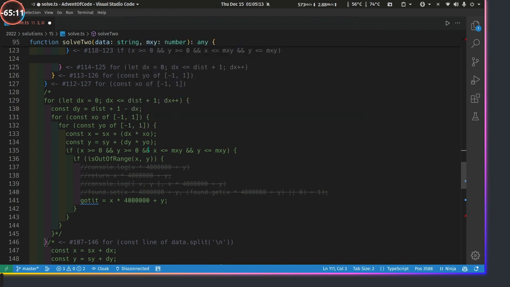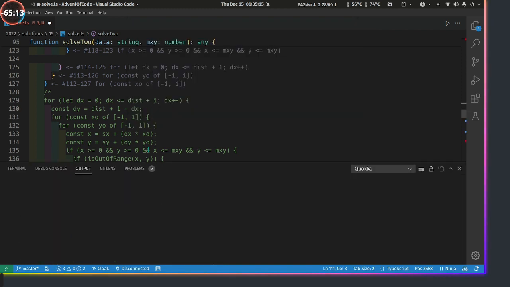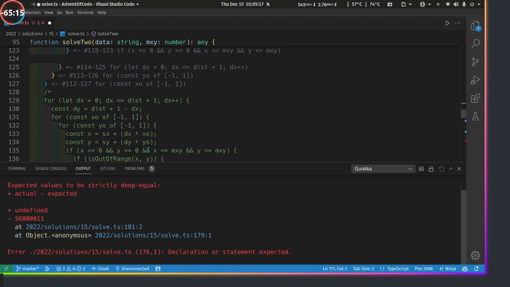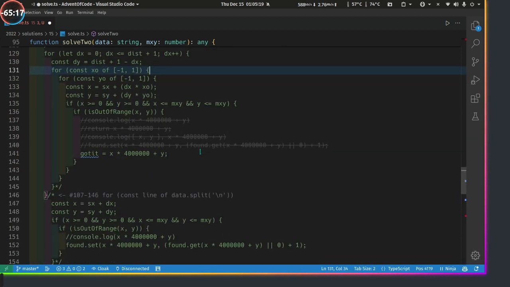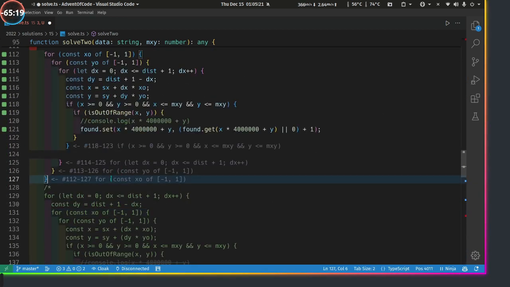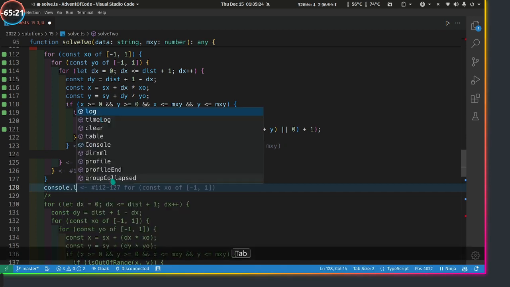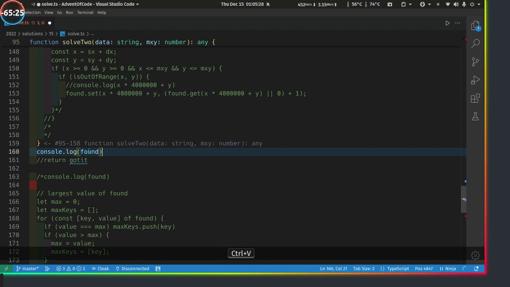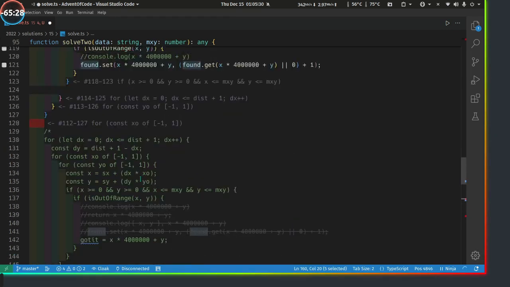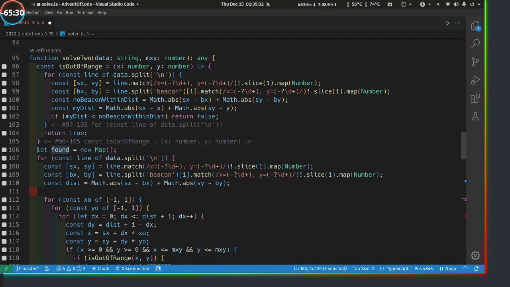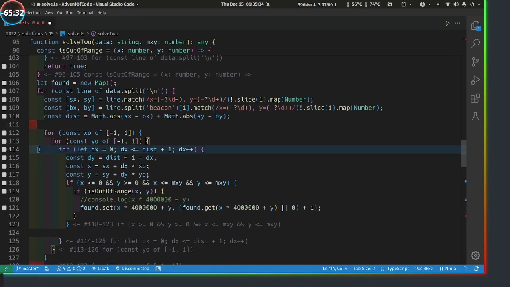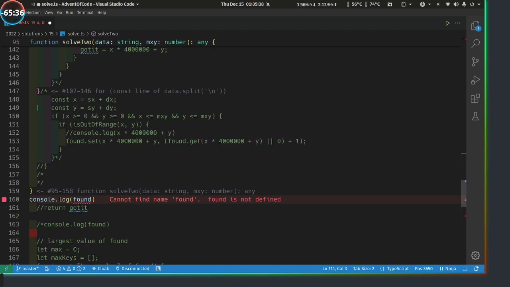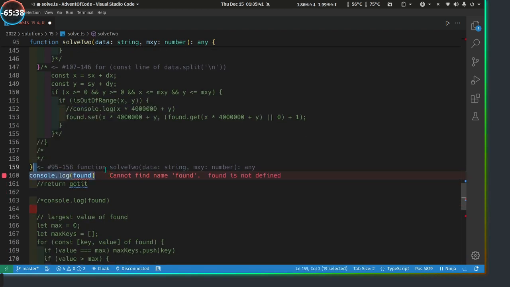Come on back, Quokka. We need ya. Yep, undefined is that. Do at least have found. Outside of this one, please. Thank you. Did I remove that? No, I didn't remove it. Auto format. I hope it's outside.